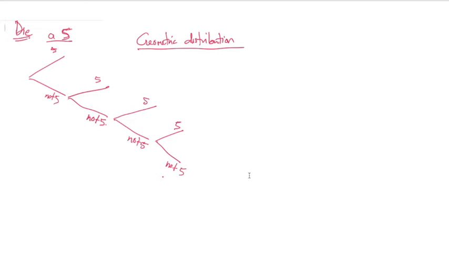There's no fixed number of trials. We don't know how many tries we're going to do. Unlike the binomial, where we can have this many trials and from there find out whether we hit or not, or defects or not defects.